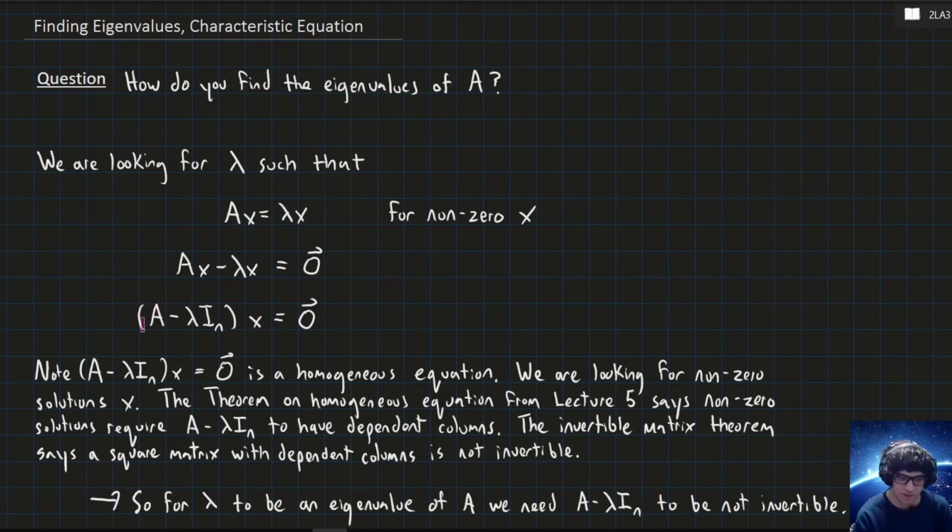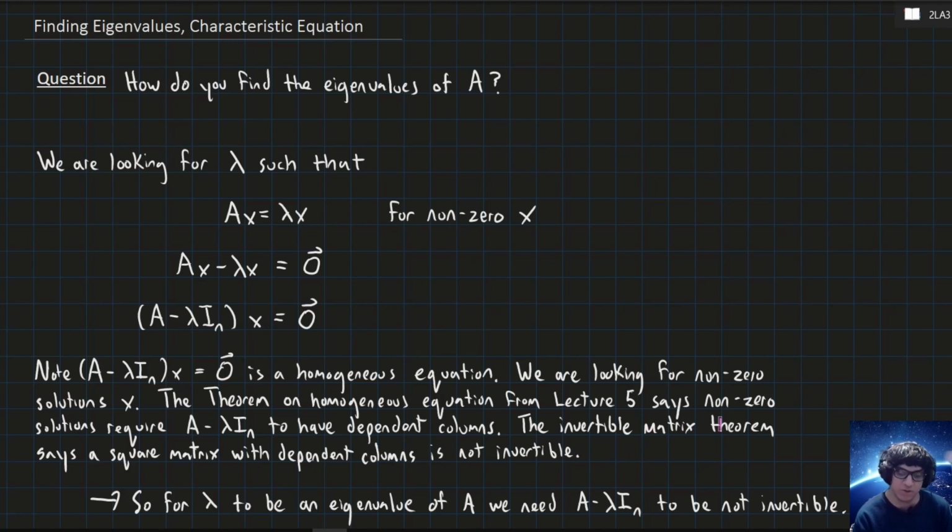We have some matrix times x equals the 0 vector. We know a bit about homogeneous equations from lecture 5. It says that if the homogeneous equation is going to have non-zero solutions, we require that this matrix has dependent columns. A theorem we stated in lecture 5.